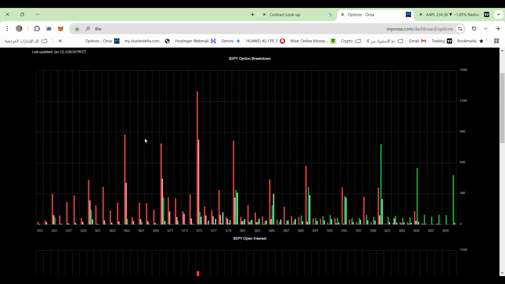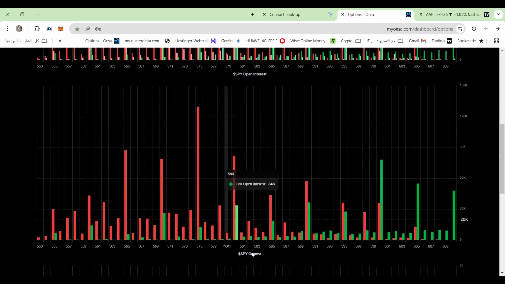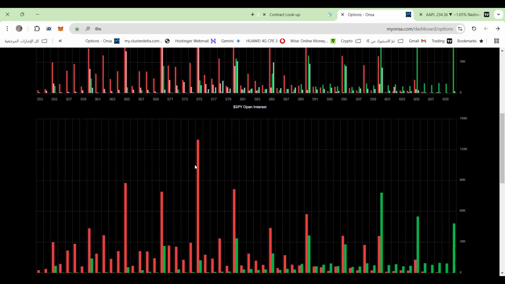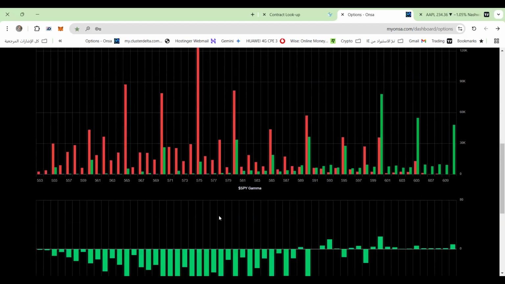Sometimes you can notice that we've got puts and we don't see calls, and the opposite: sometimes we've got call contracts and we don't have puts. This is very important to identify the market direction later. Next, we've got the open interest for the previous day. It's also very important to notice and see what the market direction is. I will explain all these things later.